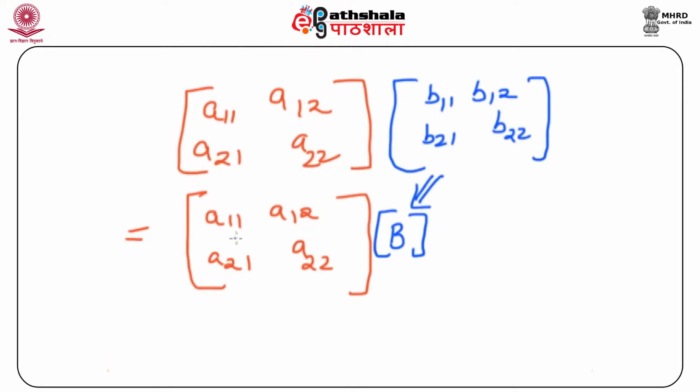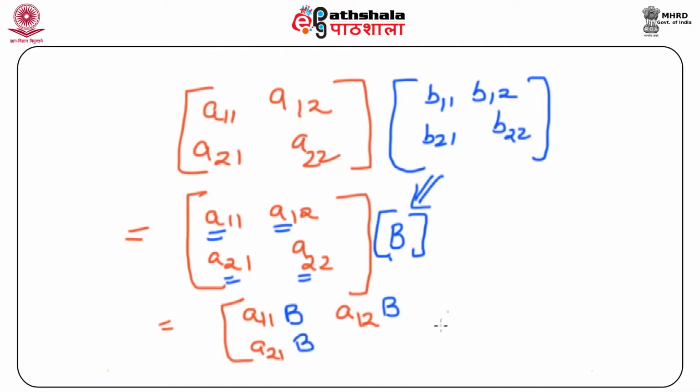What we have to do is take each element of A and multiply it with B. So this can be written as A11 multiplied by B, similarly A12 multiplied by B, A21 multiplied by B, and A22 multiplied by B.